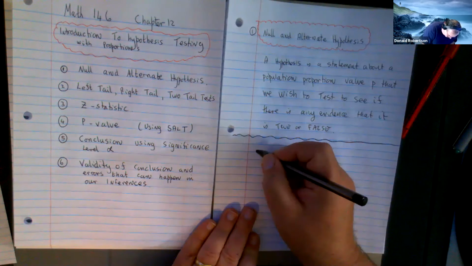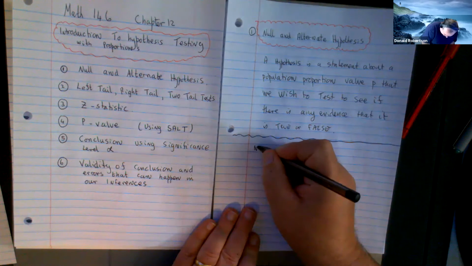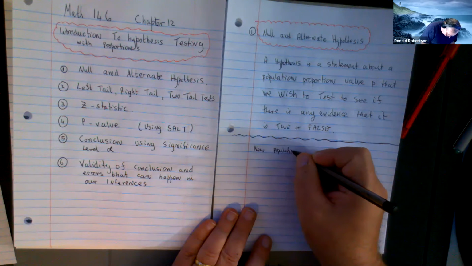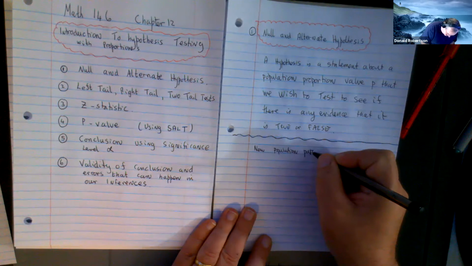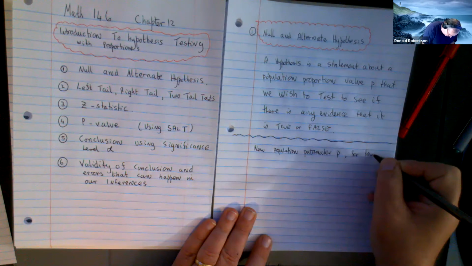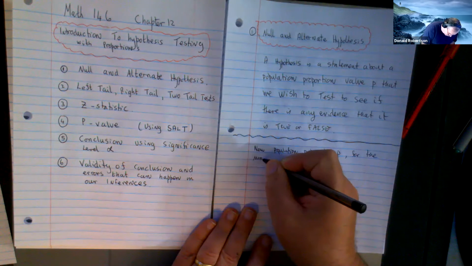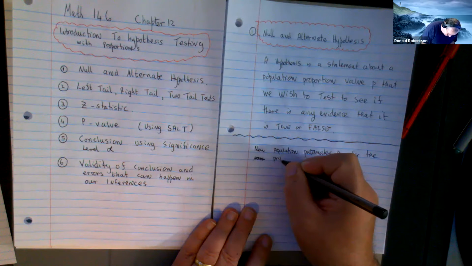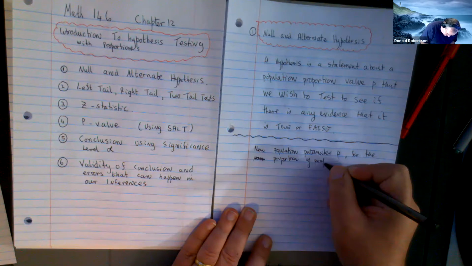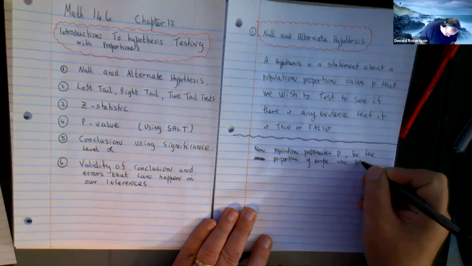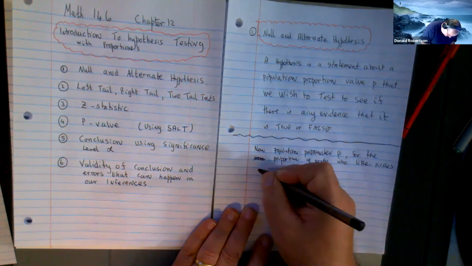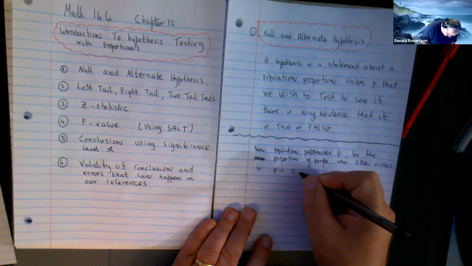Suppose that we knew, for some reason or other, that the population parameter P, making this up, for the proportion of people who like pickles is P equals 0.25.